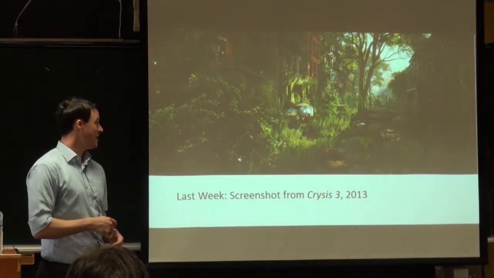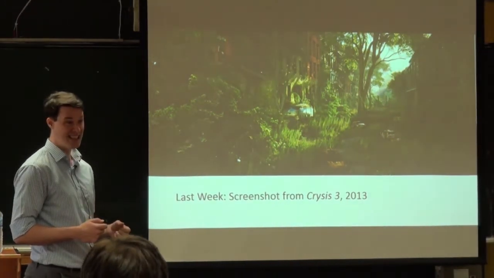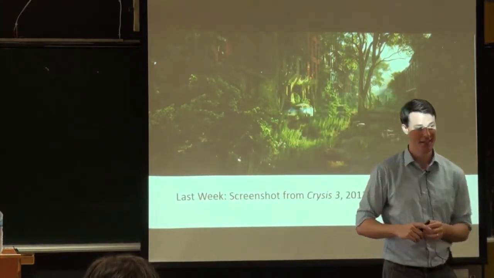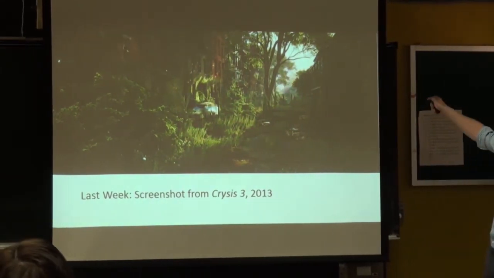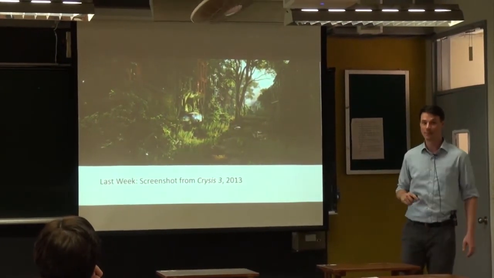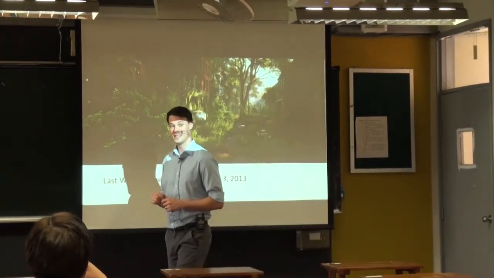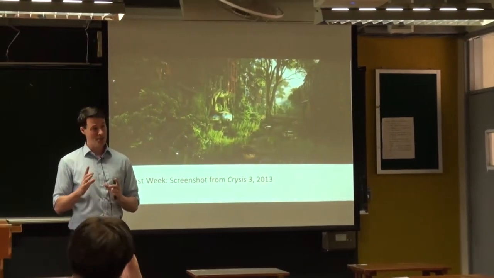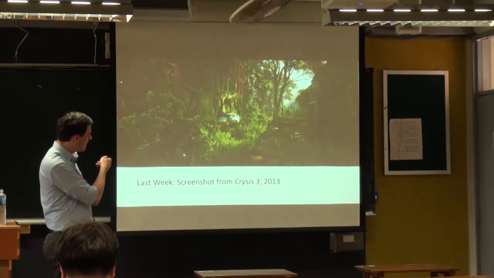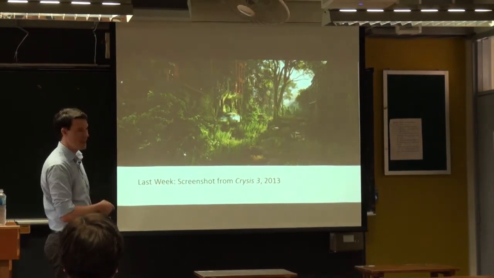But if I were to write a response on this particular screenshot, and I was thinking about writing about light, I would think to myself, where is the source of light? Obviously, it looks like the light is coming from up here, kind of coming down this way. So one way to start describing this work of art is to say, the source of light is the sun, and the sun is off the canvas in the upper right-hand corner.